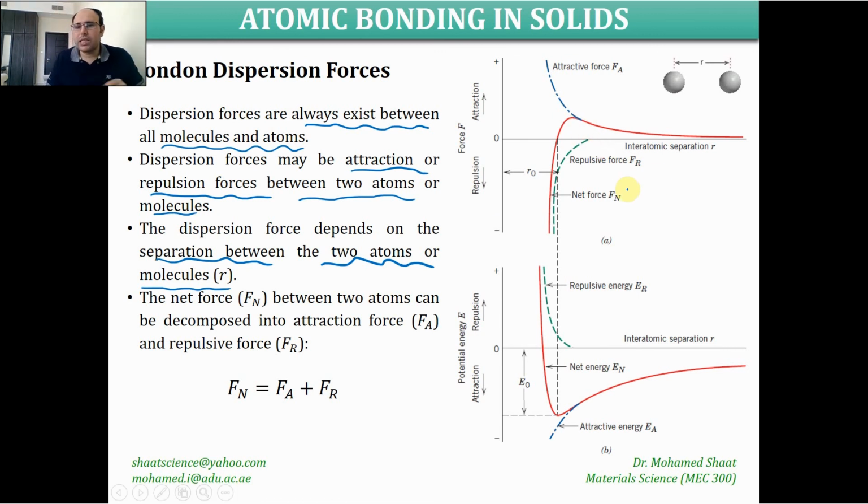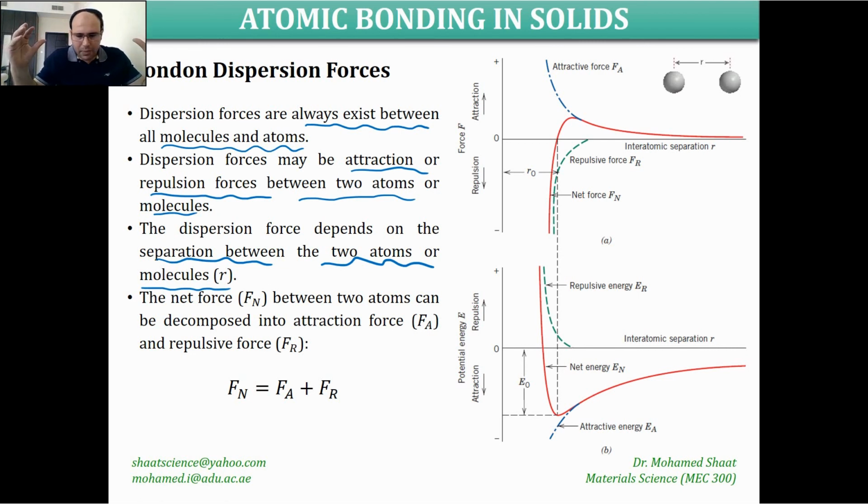So this is basically how it works. If you have two atoms that are attracted through London dispersion forces, at a certain distance the magnitude of that force will be weak, almost zero, as long as these two atoms are very far apart.